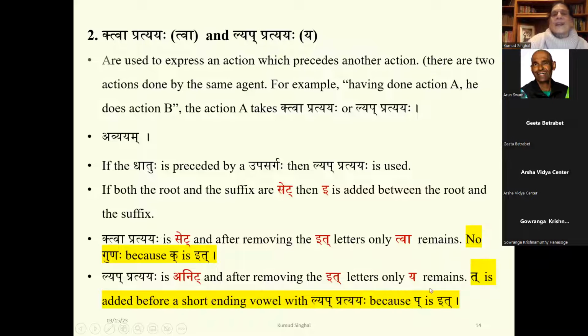There are so many rules that it will just confuse you. I will just mention these two to show the importance of the it letters. So if pa is an it letter, then ta is added before a short ending vowel in the liya pratyaya. And we'll see some examples of this.